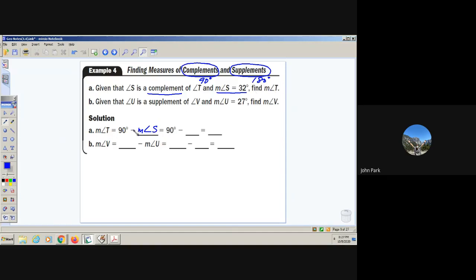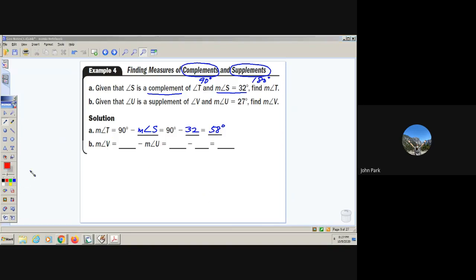So it's 90 minus 32, which is 58 degrees. So 58 and 32 add up to 90, okay?